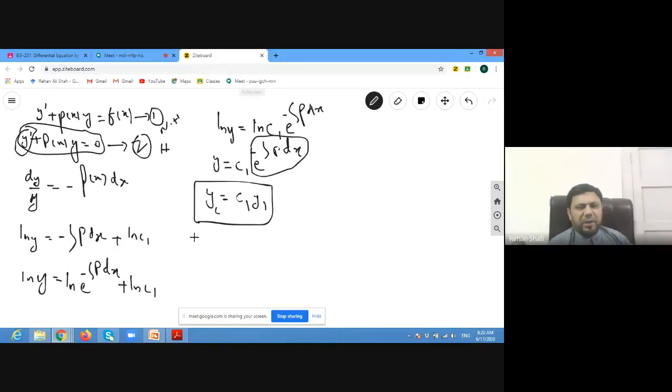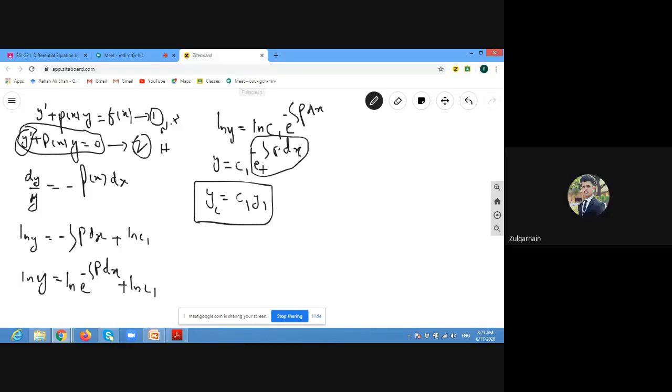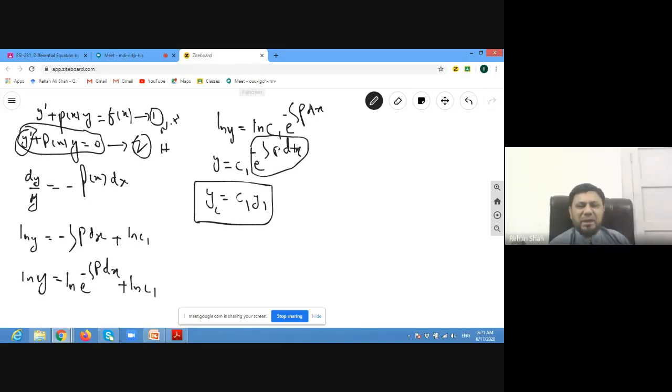Okay. Now how was this y1 obtained? y1 is the first solution of this: e power minus integral of p dx. If you put this e power minus integral of p dx into equation 2, it will satisfy this equation. Now, as I said earlier, if you are able to find yc, then you will be able to find yp using the method of variation of parameter.